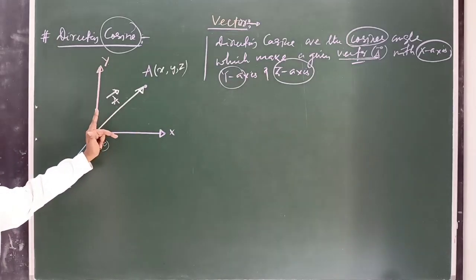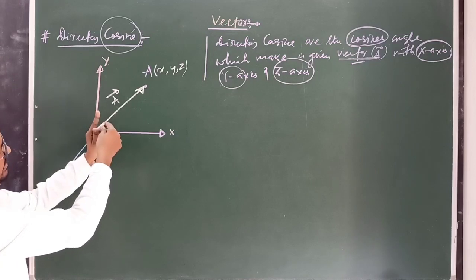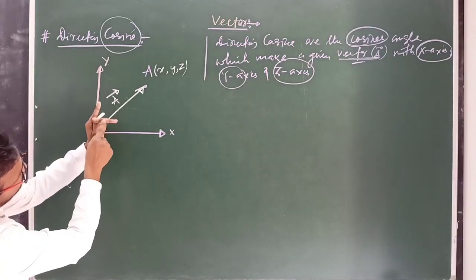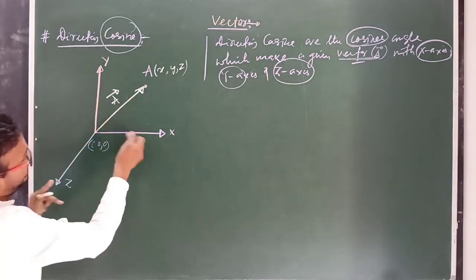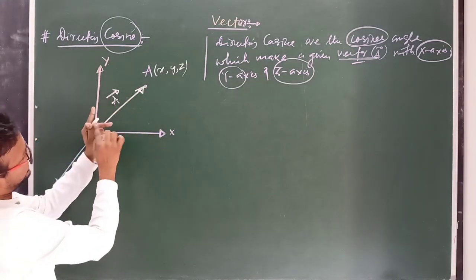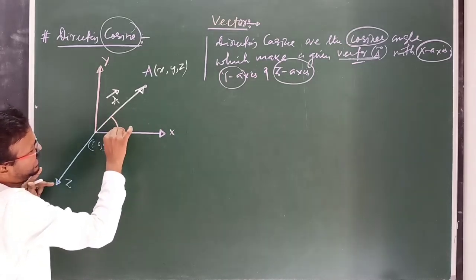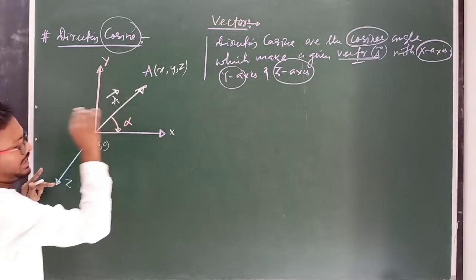So if the vector direction is here, this A vector, and this is the x-axis, what is the angle between the x-axis and this vector? The angle between the x-axis and this vector A is, suppose, alpha.